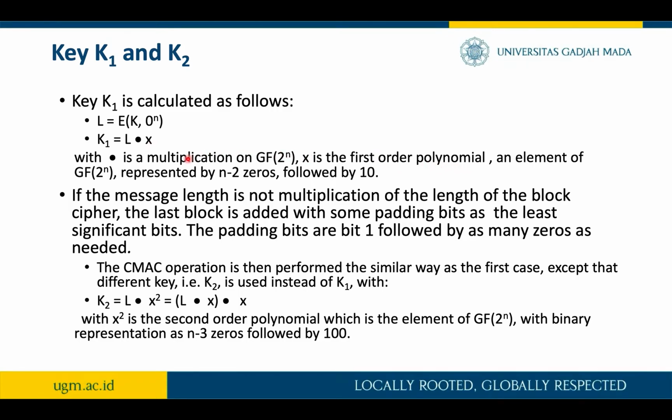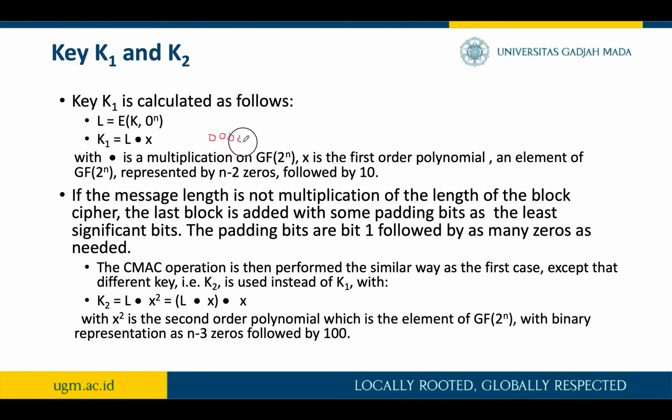The multiplication is done on Galois field 2 to the power of n. X here actually is very easy. It is represented by n minus 2 zeros followed by 0, 1. Suppose we have 8 bits, so n here is 8.